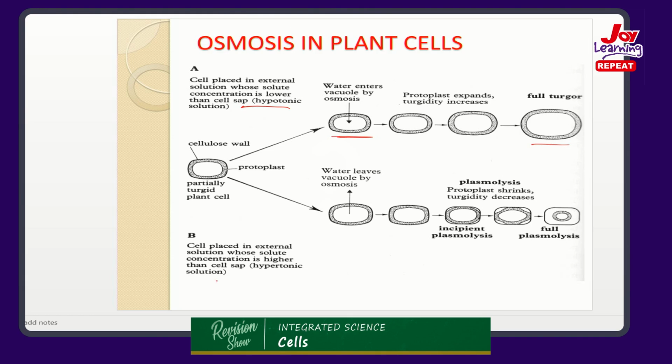If it's placed in a solution that is highly concentrated, termed hypertonic, the cell will lose water to the solution around, and the membrane will start pulling apart from the cell wall, and we term this plasmolysis. First, it will become flaccid, then later it will become plasmolyzed.